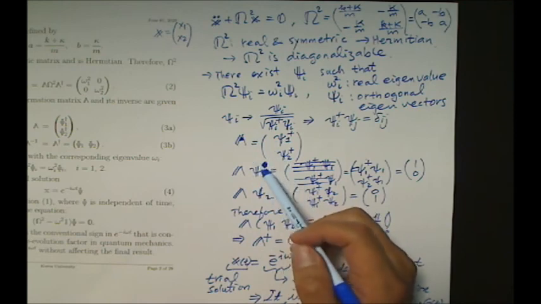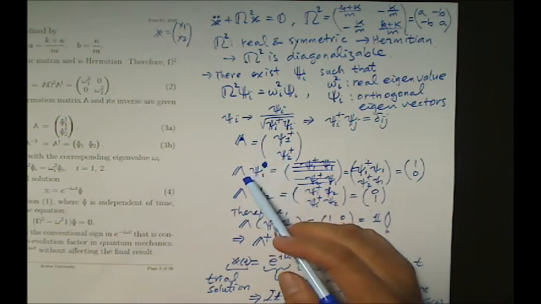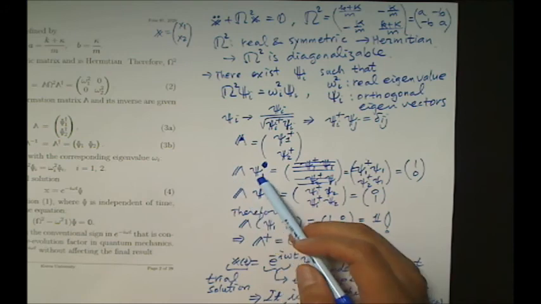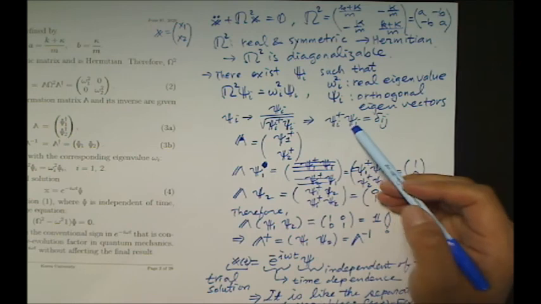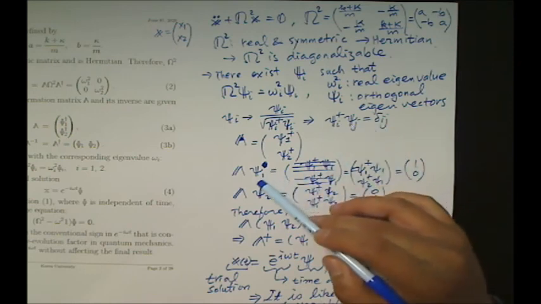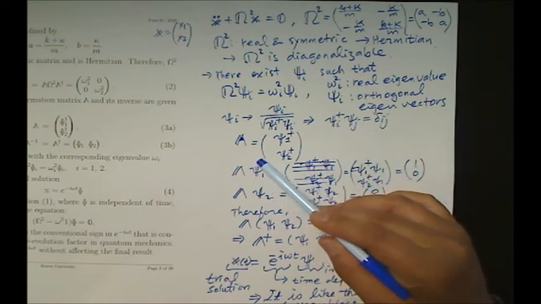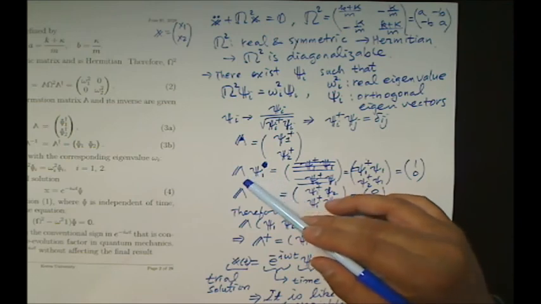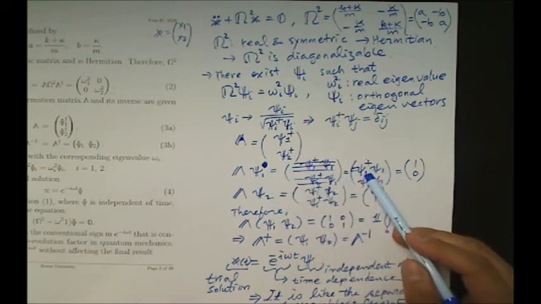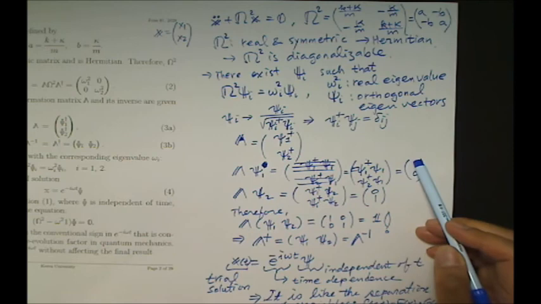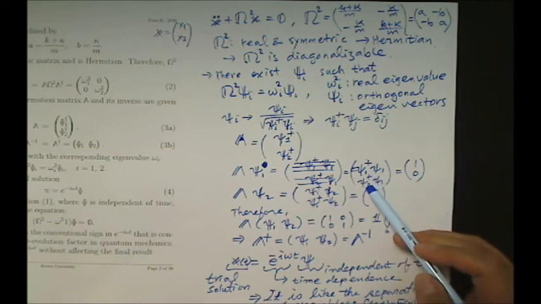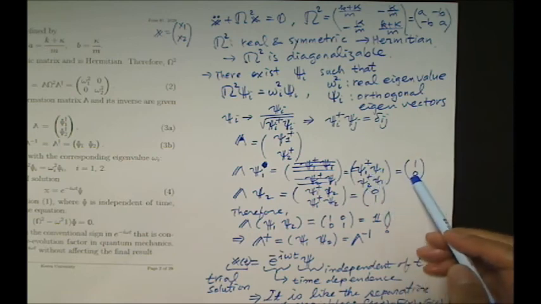We can check it diagonalizes the system. For example, lambda multiplied by psi 1, because of this orthogonality relation, if I multiply the eigenvector psi 1 to the lambda, we have identity, this unity for the first one, and the second one is orthogonal, so 0.